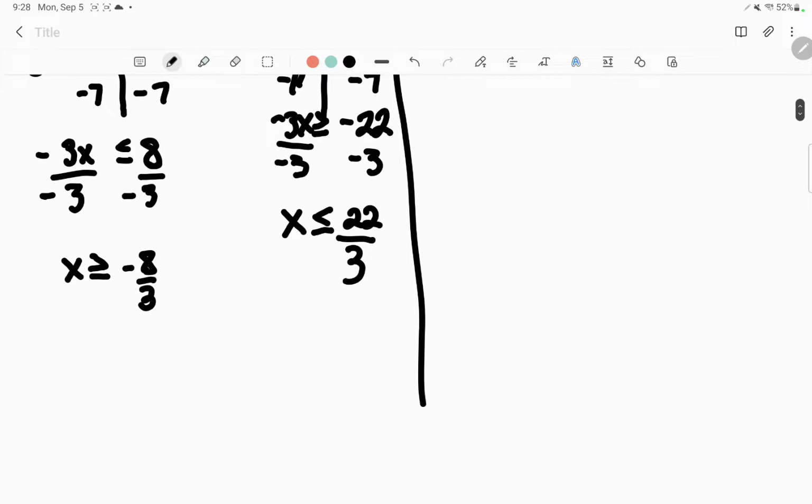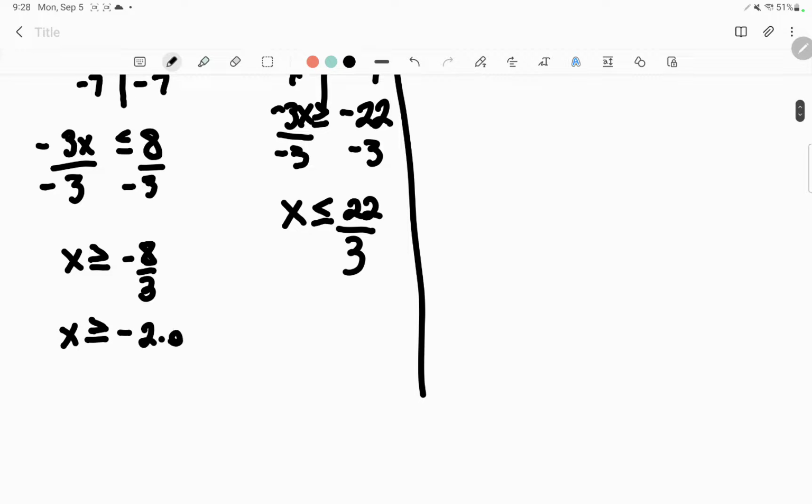Now, let me see what my 2 points are. For my first point, I'm just going to put the decimal on the bottom. It's going to be x less than or equal to negative 8 divided by 3. That's not it. 8 divided by 3. It's going to be 2.6.